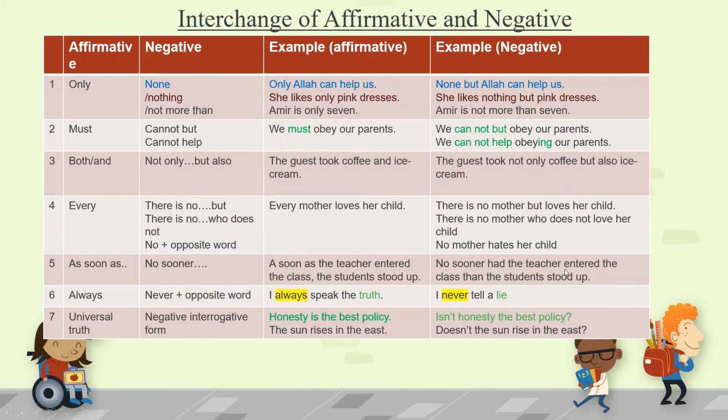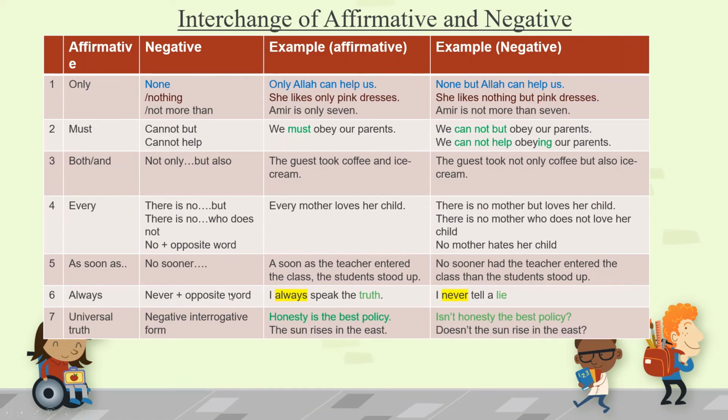Therefore, no sooner had the teacher entered the class than the students stood up. The assertive form of this sentence contains a comma, but the negative form does not contain any comma, rather it contains than. Remember, you can't use a comma in the negative form of this assertive sentence.